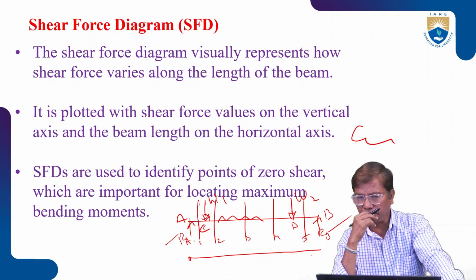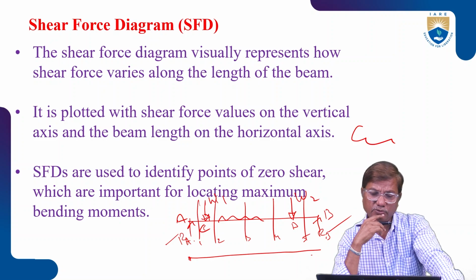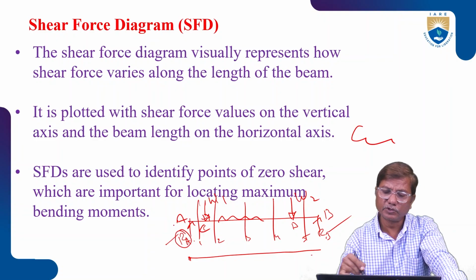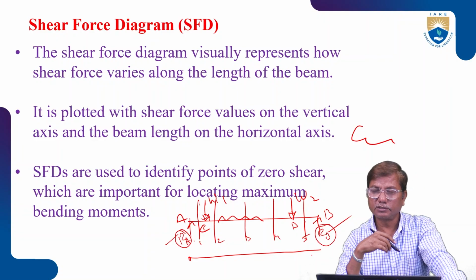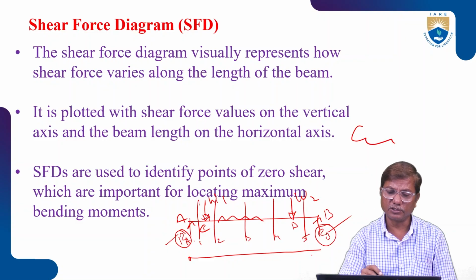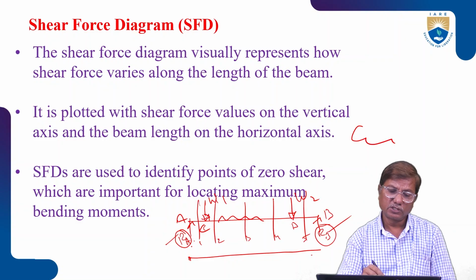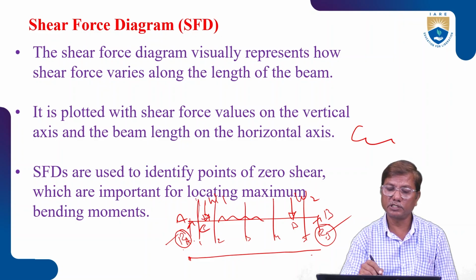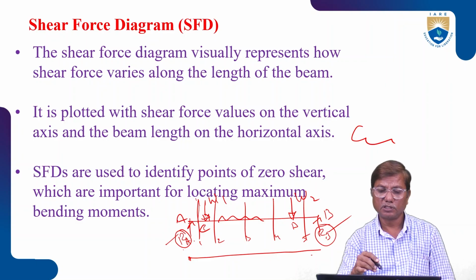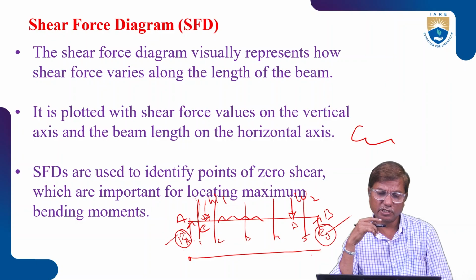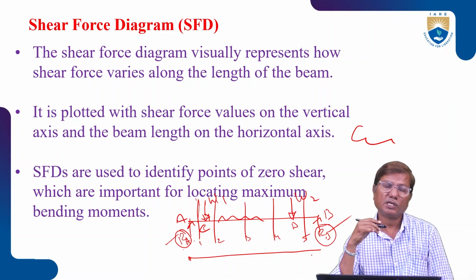Before drawing the shear force diagram or bending moment diagram, the first thing is to calculate the support reactions by using equilibrium conditions. Once you find reactions, you consider a section between point A and point C, because there is a point load applied at C.